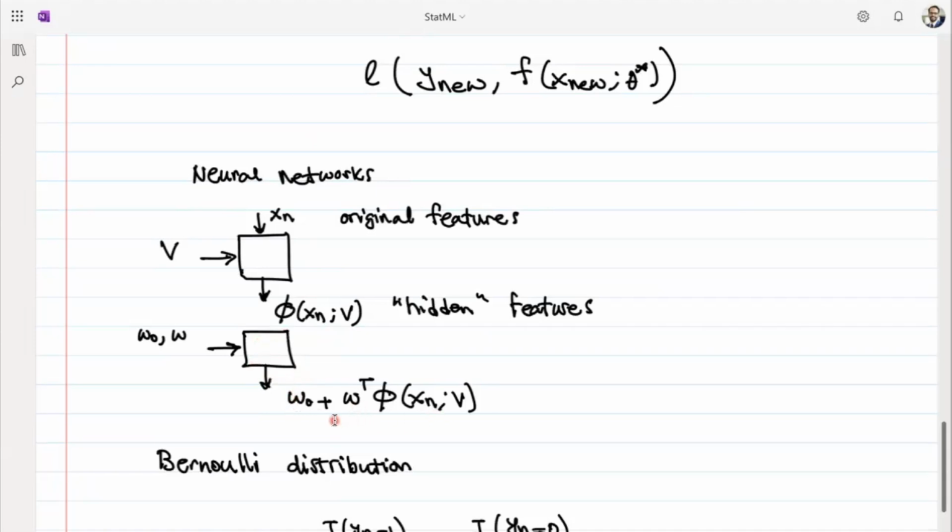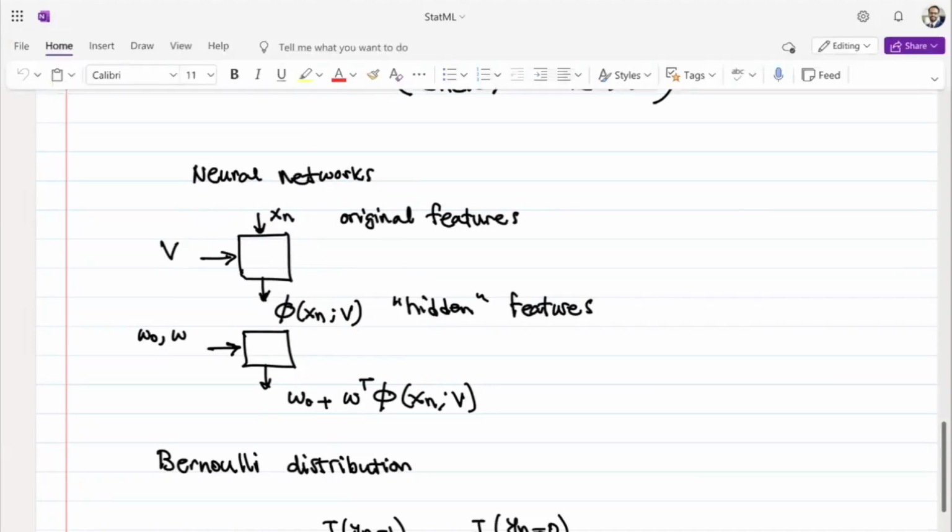That's exactly what we had there, the inner or dot product between these hidden features and some weights or parameters. And the main contribution in these models is to find these hidden features or representation. So there's this really nice connection between simple or linear models and more complex neural networks.